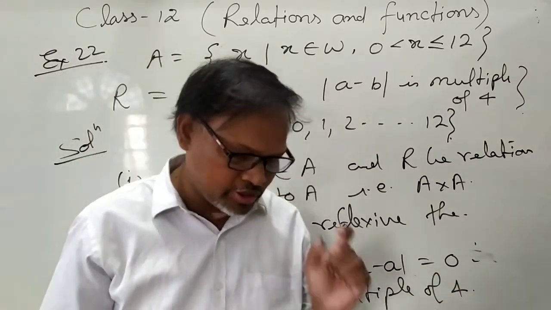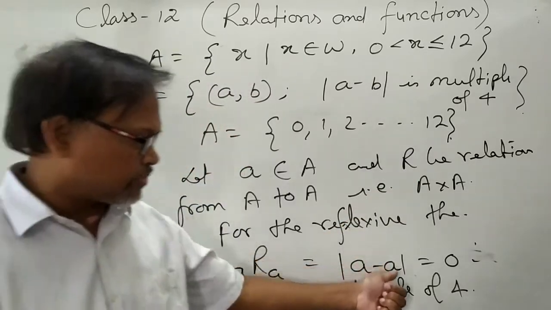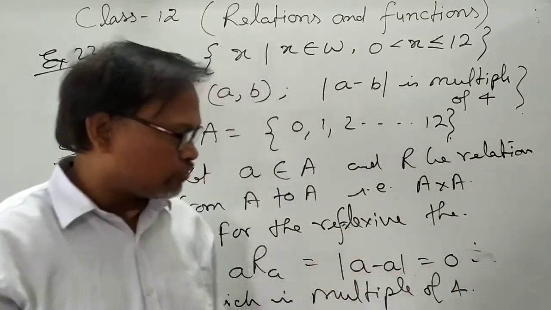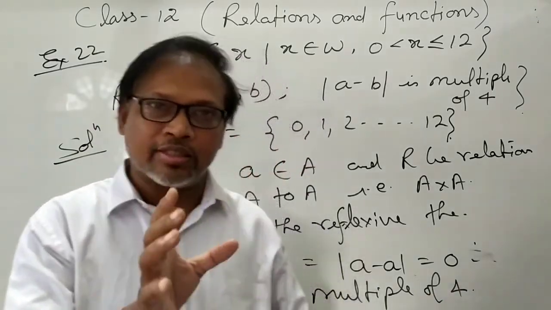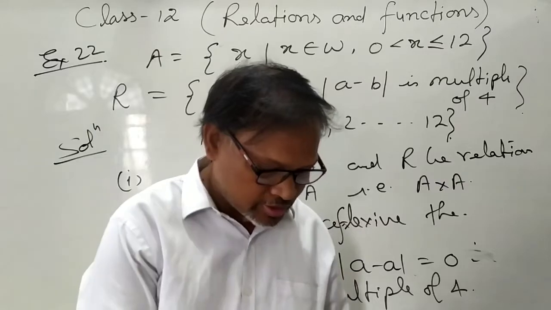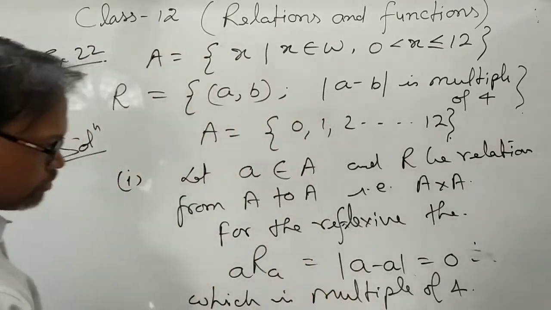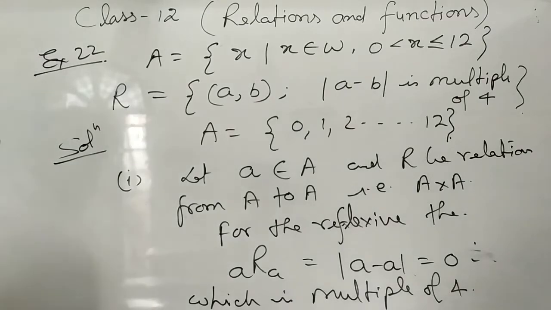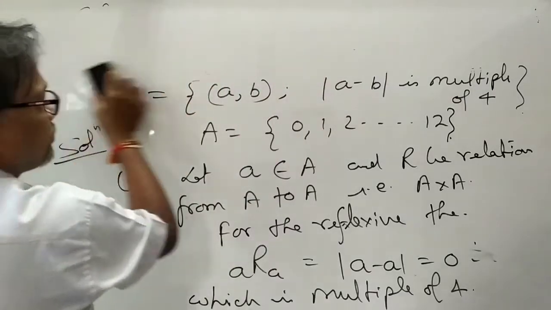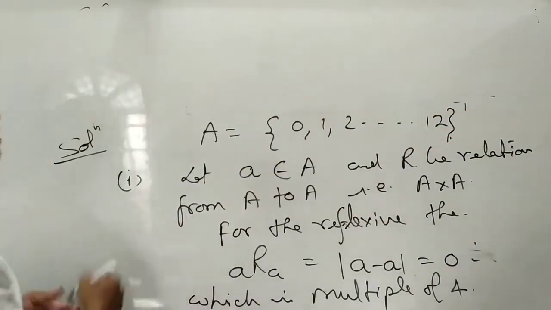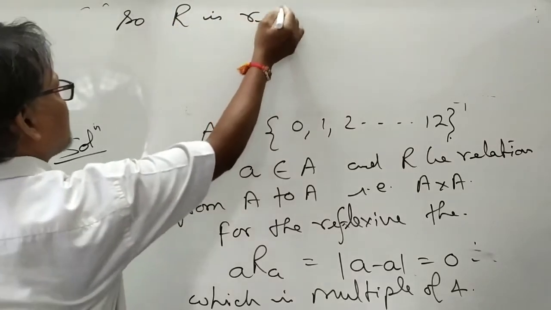Because for any element, if it is subtracted, A minus A, that will come 0, and 0 is a multiple of 4 for every integer. So this means our R is reflexive. Therefore R is reflexive.